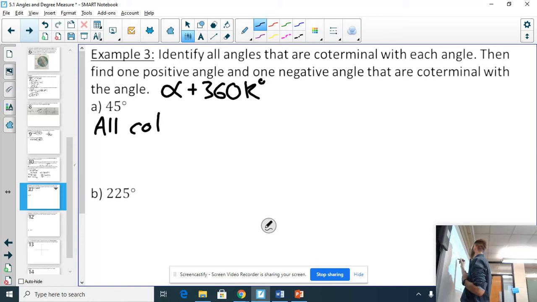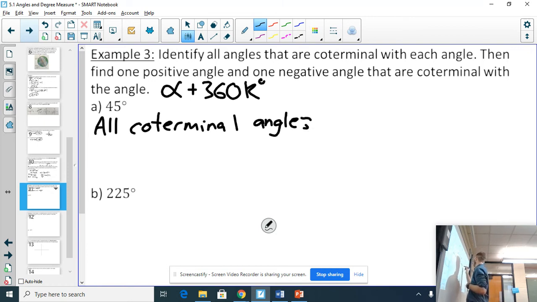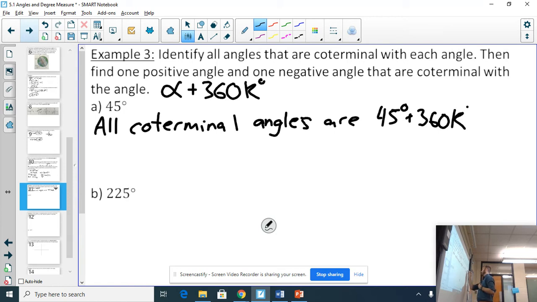So all coterminal angles are, what are all the coterminal angles going to be? They're going to be 45 degrees plus 360 times k degrees.